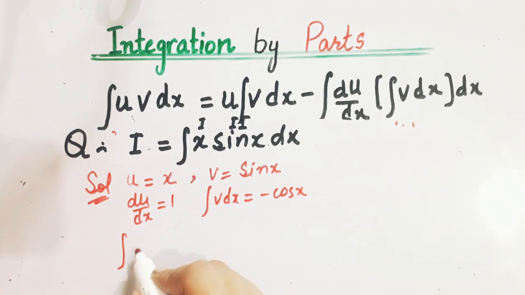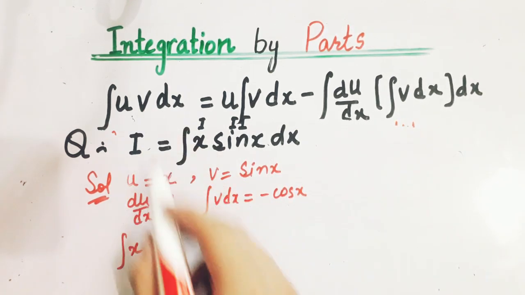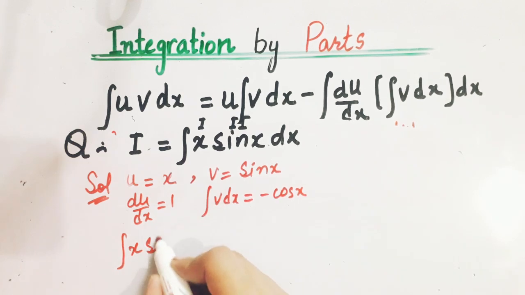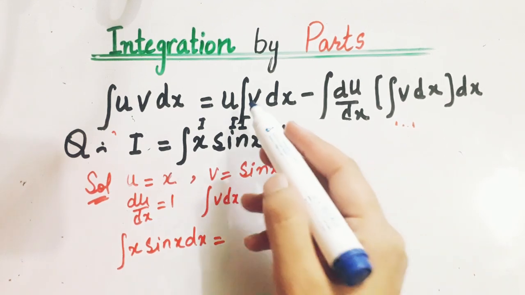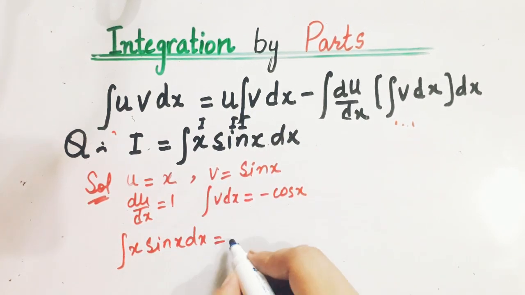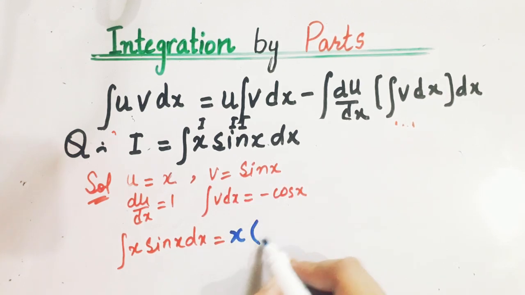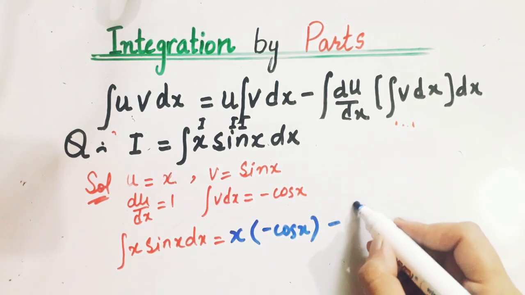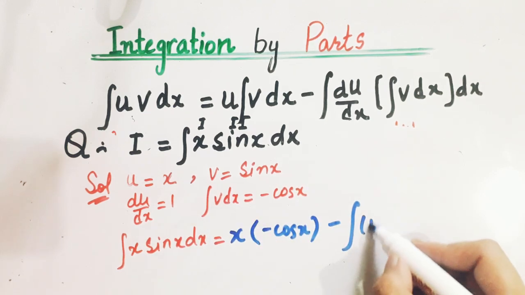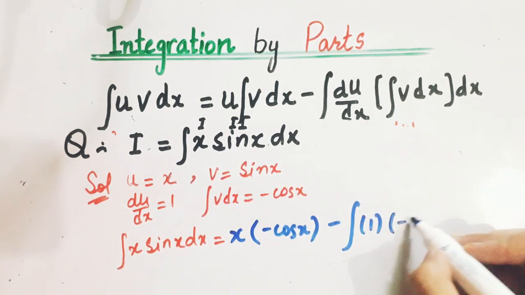In place of u, you will put x, and v will be sine of x dx. So you will get, first of all, u as it is, so x, times the integral of v dx, that will be minus cos of x, minus du by dx, that is 1, times the integral of v dx, that is minus cos of x.